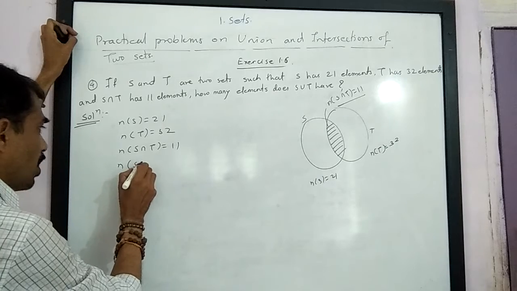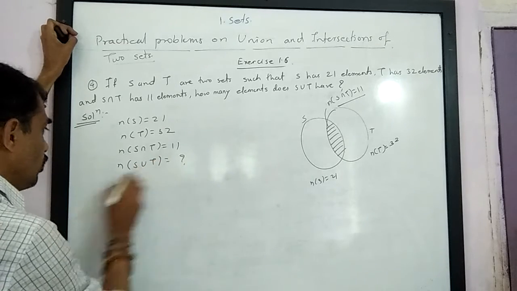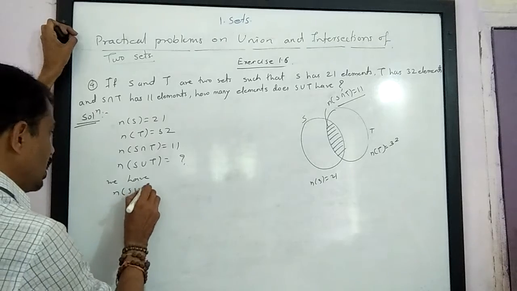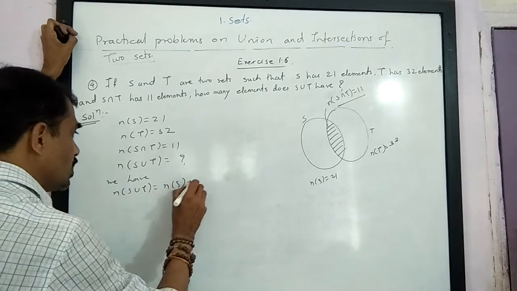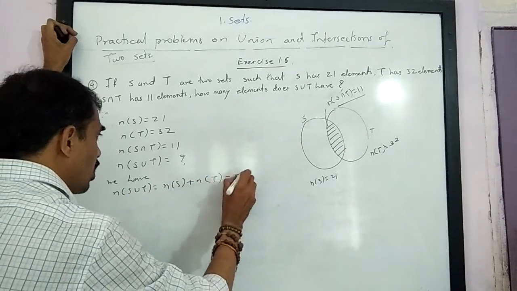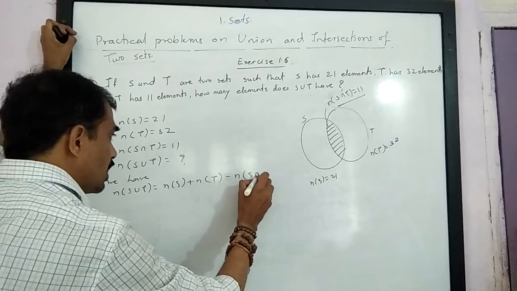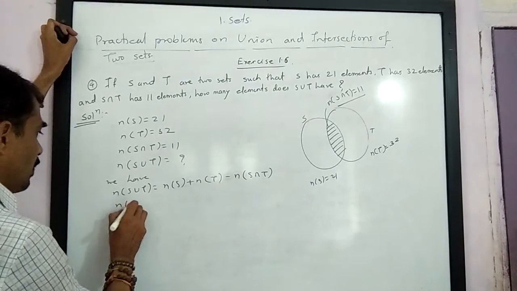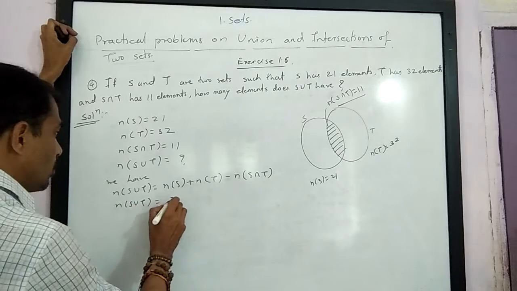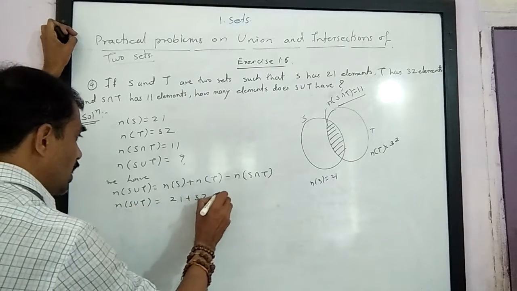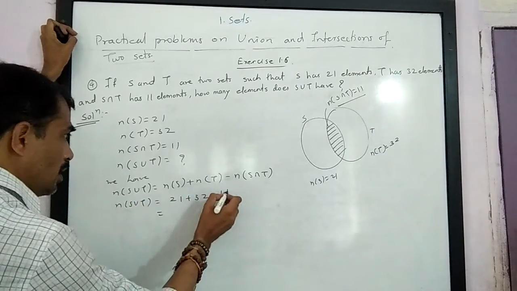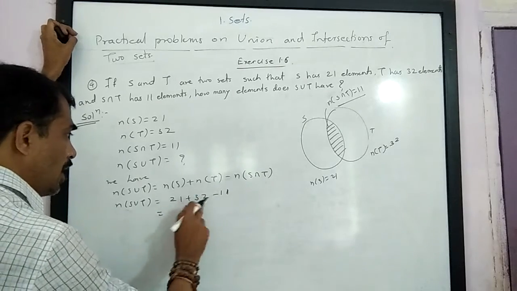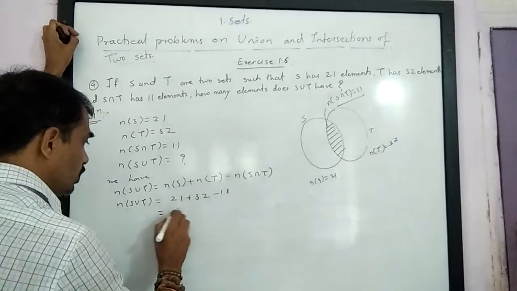We are asked to find number of elements in S union T. We have the identity: number of elements in S union T is equal to number of elements in S plus number of elements in T minus number of elements in S intersection T. So this becomes 21 plus 32 minus 11. 21 minus 11 is 10, 10 plus 32 is 42.